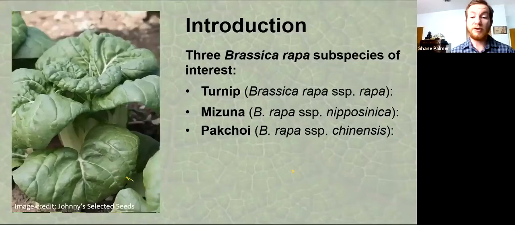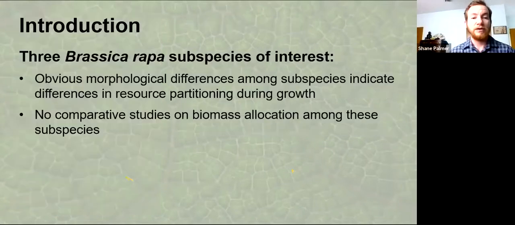This is pak choi, which is subspecies chinensis. This is also another Asian subspecies, and it's more compact in its growth. It has shorter, more compact leaves, and it has these thickened, swollen petioles, which are very distinctive. So obviously, these plants are very different looking from one another, yet they're closely related.